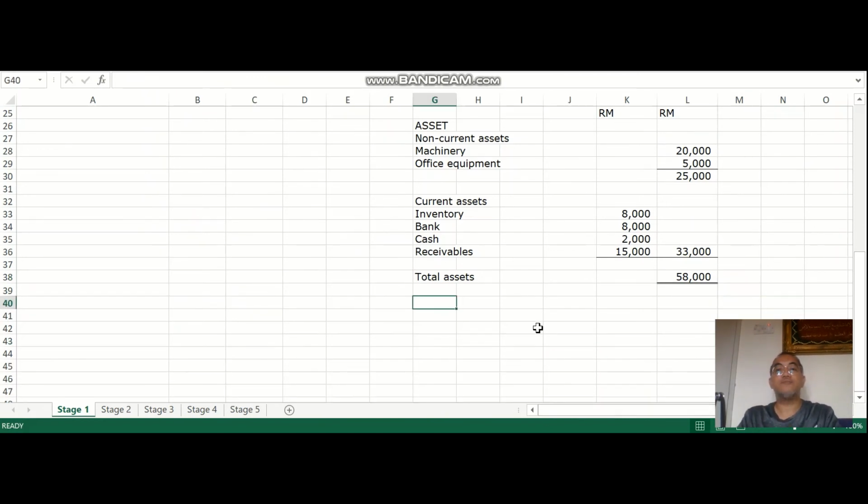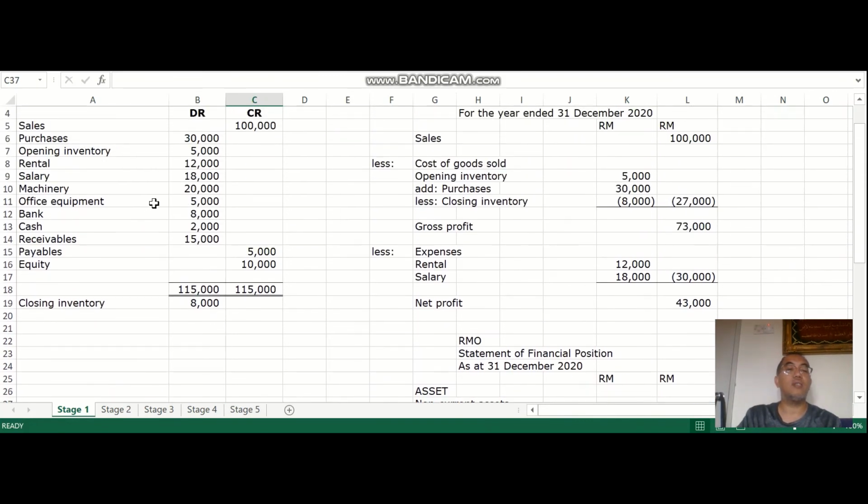Then we move on to liability, and under the liability we have two categories as well. There is non-current liability and also current liability. If we look at the question, do we have non-current liability? That is long-term liability.